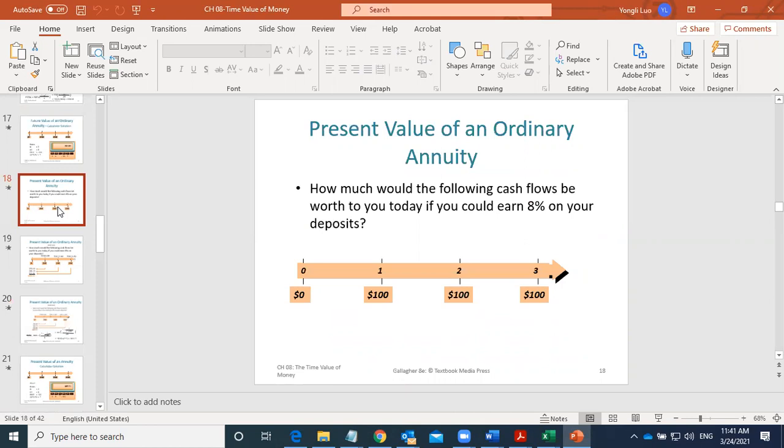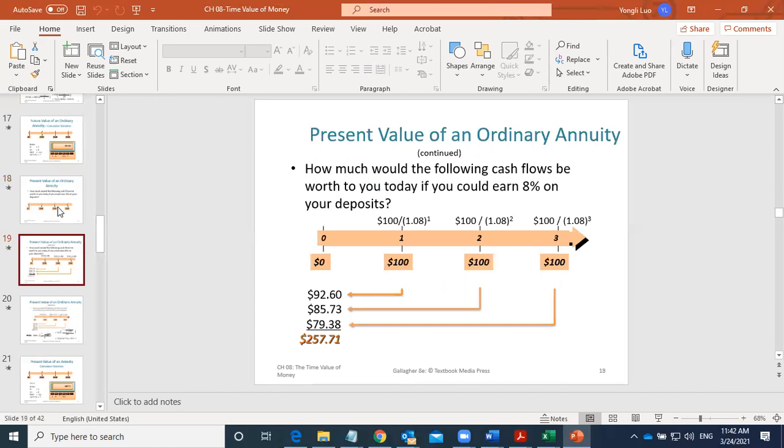That is the present value of ordinary annuity. You just discount. We talked about the future value being compounding. For the present value, the process is called discounting.